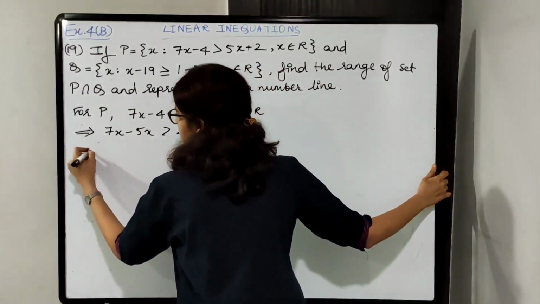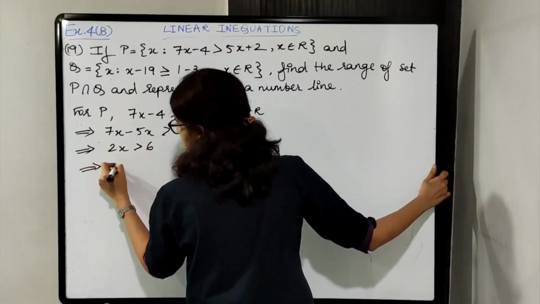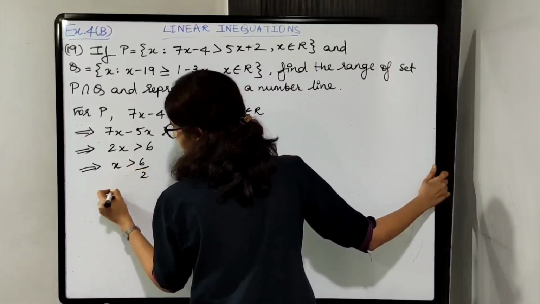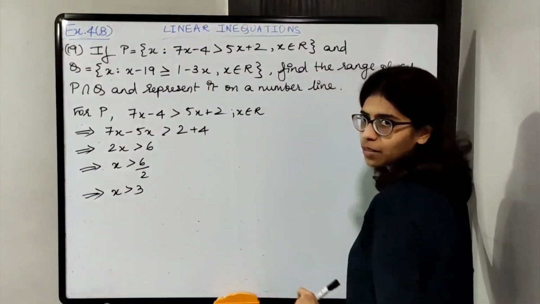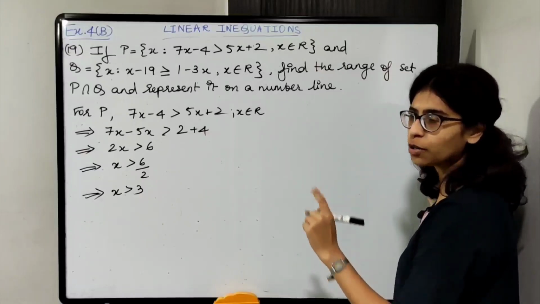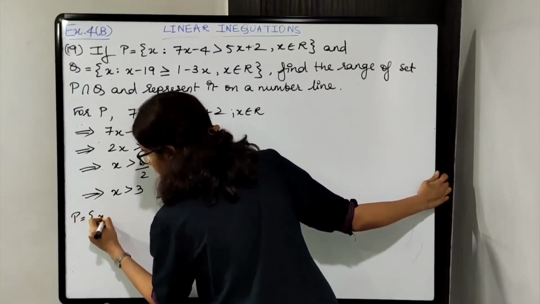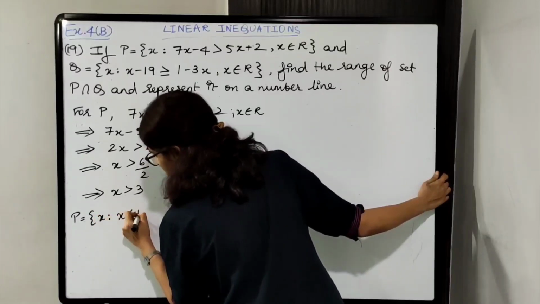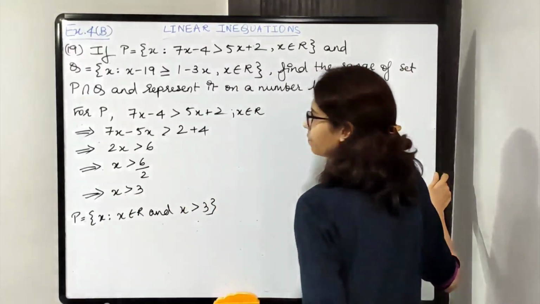So 2x is greater than 6, that is x is greater than 6 by 2, that is x is greater than 3. Okay, this is what we are getting, x is greater than 3 for p. So the set will be x such that x belongs to R and x is greater than 3.